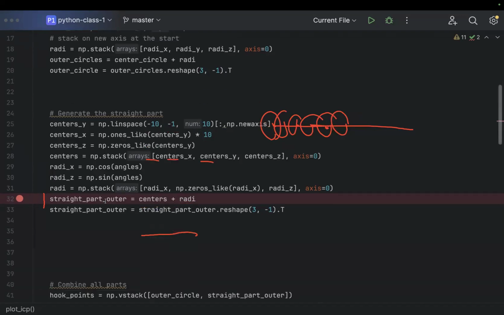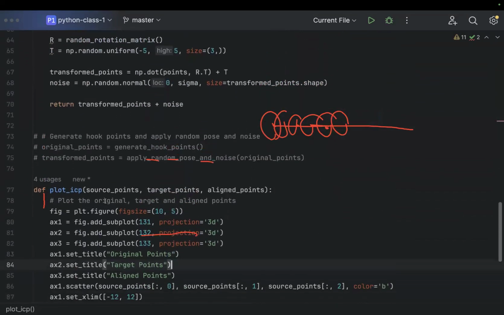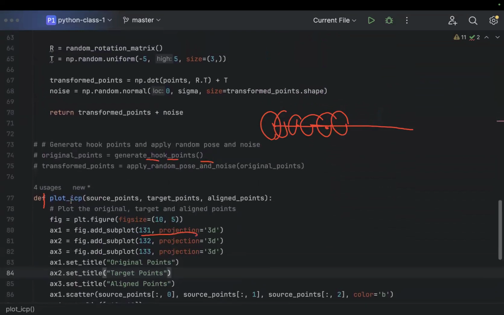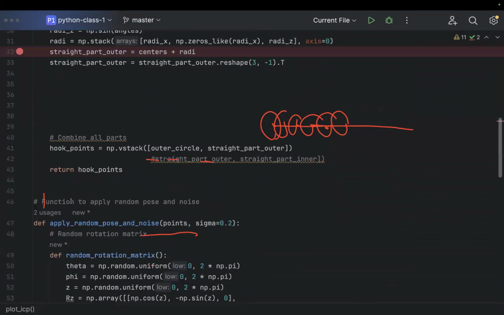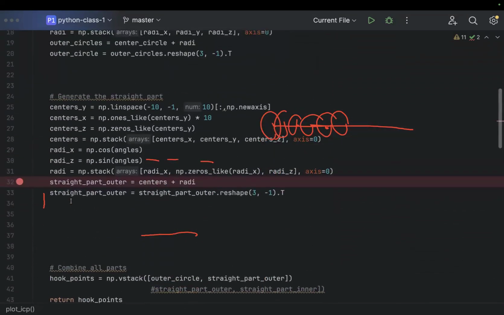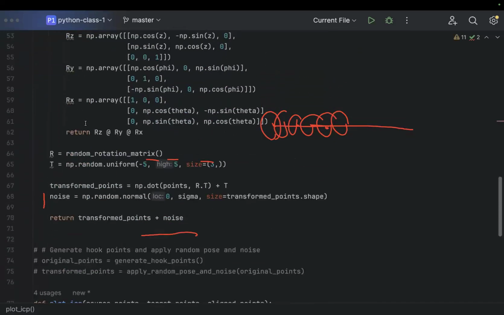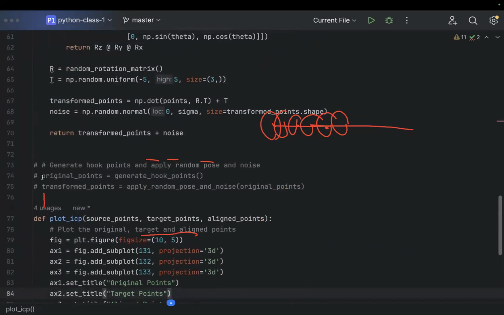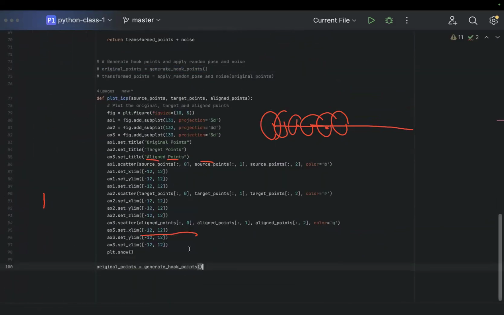So when I run this, let's do this step by step. We have generated points, and we can just plot them. Let's run this here.